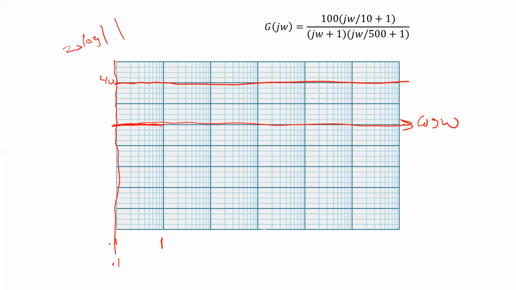Then it continues with minus 20 dB per decade. I have another corner frequency at 10, as you said. This is 10, this is 100. After 10, it goes up. So this one is going to be positive. So it will be 0 up to 10.